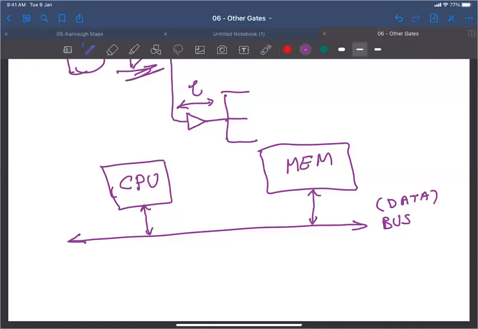If it happens at the same time, we will have a short circuit and your system may burn. So it's either the CPU or the memory that will write to the data bus, and the other one will read later.